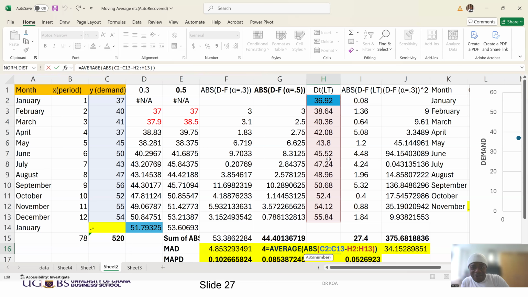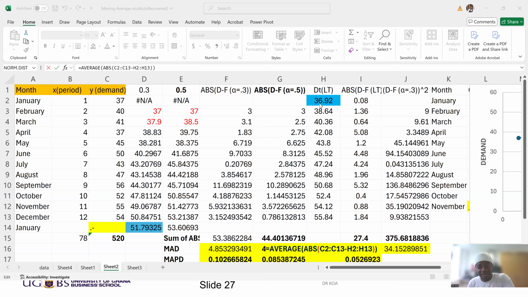Guys, the question is, why are we now dividing this one by 12? Because the others, we divided by 11. Why are we dividing this one by 12? Because there is a value at period 1. Excellent, Dinah. That's it.